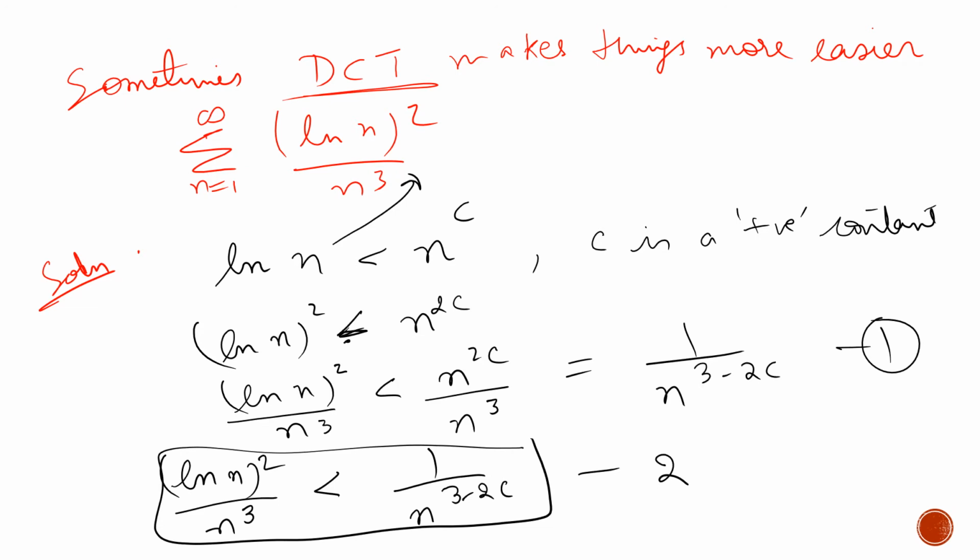So from this equation, what we get is that if this value will be greater than 1, then we know by the P series test that this will be convergent. So by direct comparison theorem, this will be also convergent.